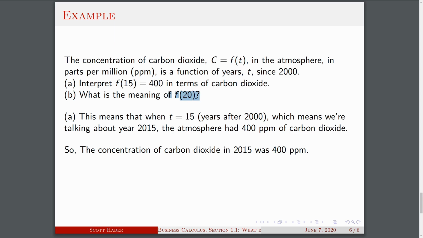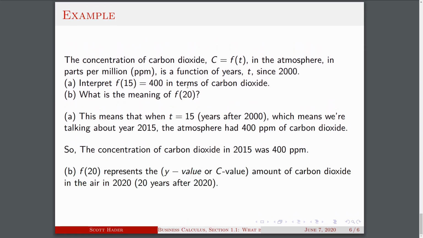All right, so this represents the concentration of carbon dioxide 20 years after 2000. So that would be in 2020, wouldn't it? So this is the amount of carbon dioxide in the air in 2020. Or maybe amount's not the best way to say it. Maybe concentration of carbon dioxide.